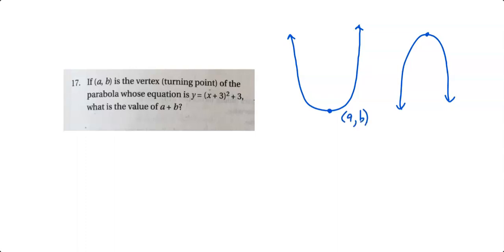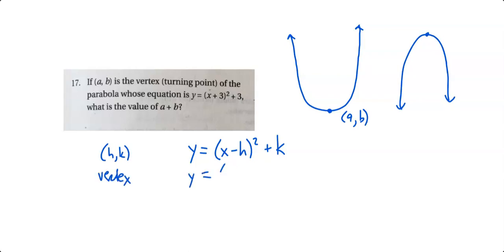Now there are different ways that we can solve this. If you remember the vertex form for a parabola, it gives the coordinates of the vertex in this form. h comma k would be the coordinates of the vertex.